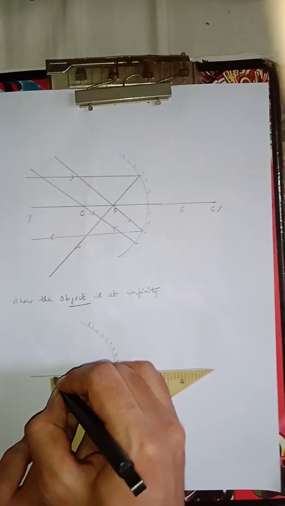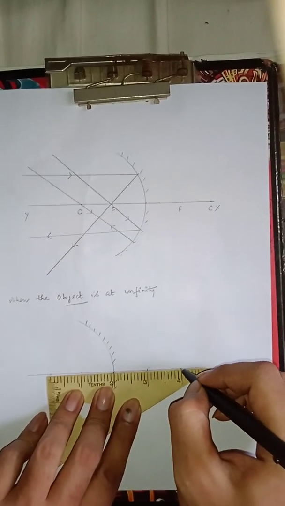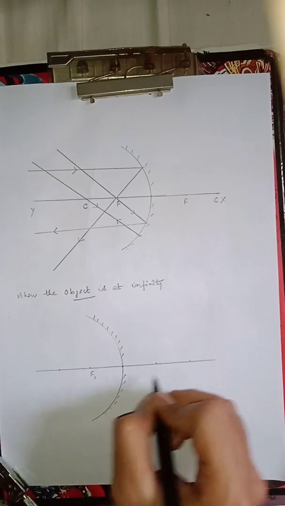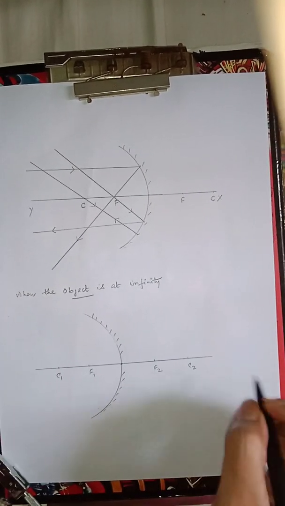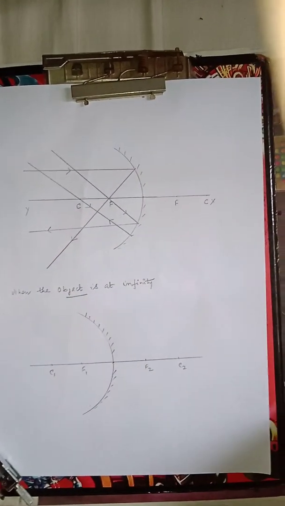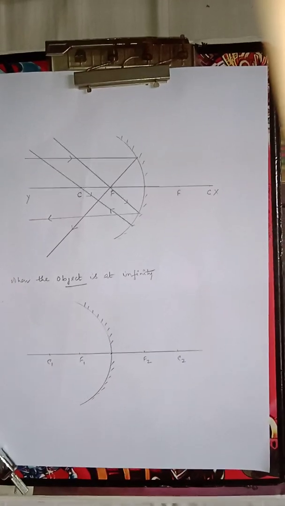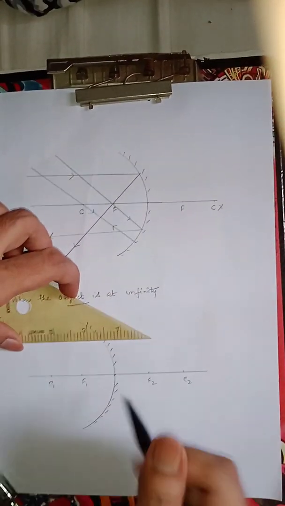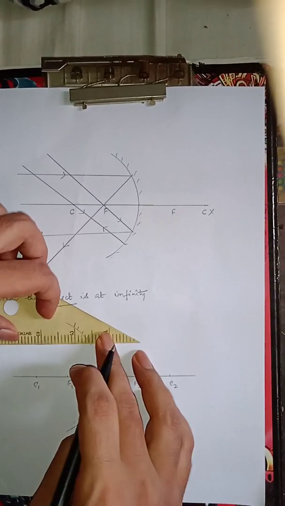Similarly, this one is the radius of curvature on the left and right respectively. So if this is F1, this is F2, this is C1, this is C2, the centers of curvature and the focal points. And this is the pole at the center.